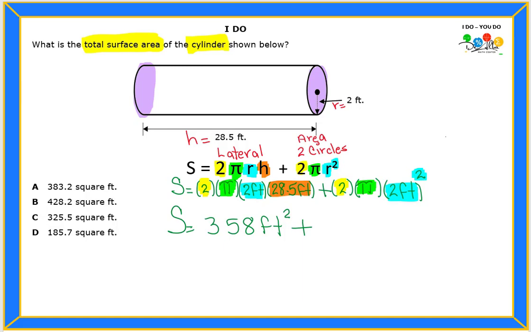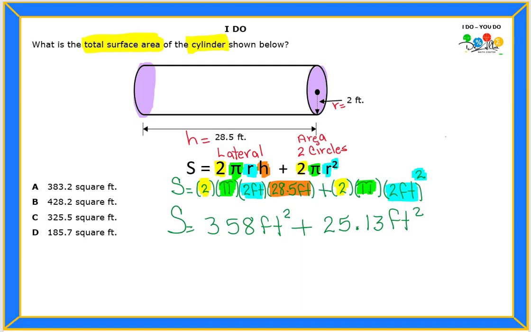And that is equal to 25.13 square feet. Okay? So I like to separate it just so that you can see that the 358 is the lateral surface area of my cylinder. The one on the right, 25.13, is the actual area of the two circles.